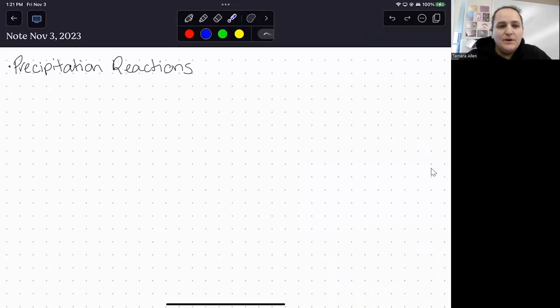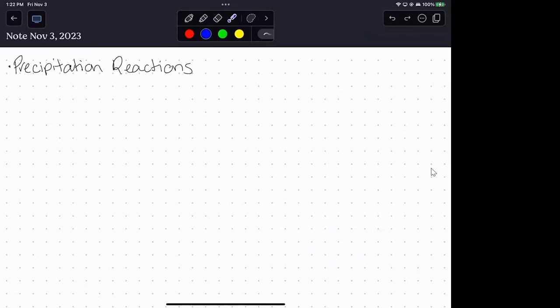In this lesson, we're going to be learning about a different kind of way that we can categorize reactions. This is actually a subset of double replacement reactions known as precipitation reactions. A precipitation reaction is when a solid product is created by a double replacement reaction.